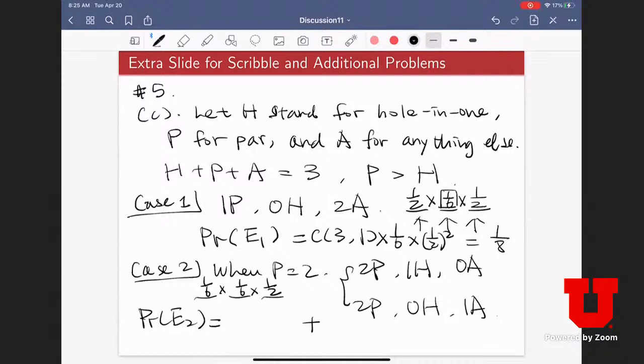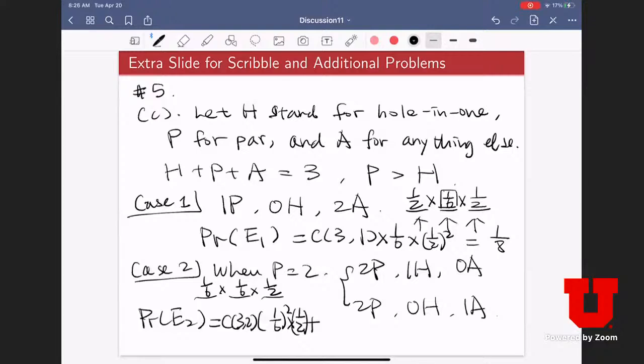How many possibilities total are there to get this combination? Is it 3 again? Yeah, it is 3 again. So you can write it as 3 choose 2, which is the same thing as 3 choose 1.